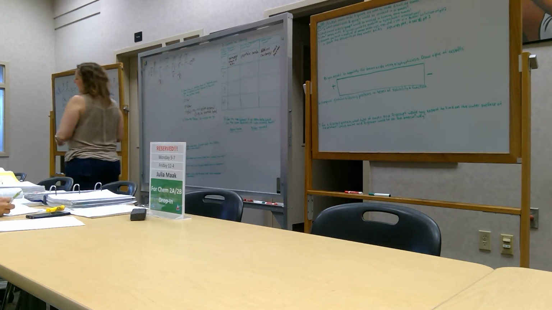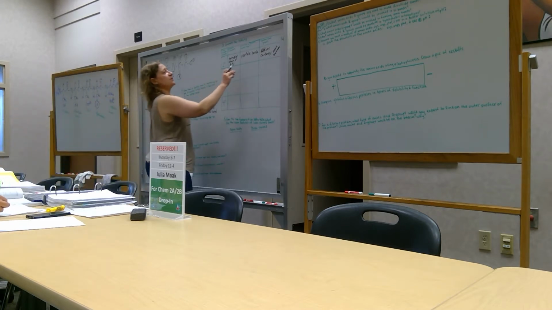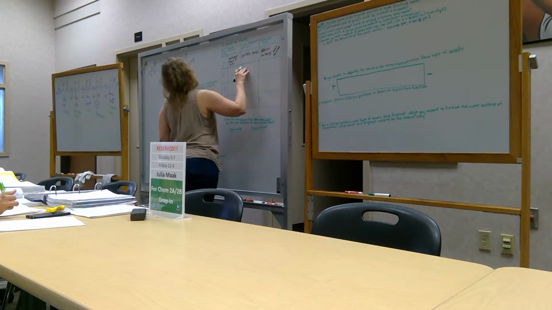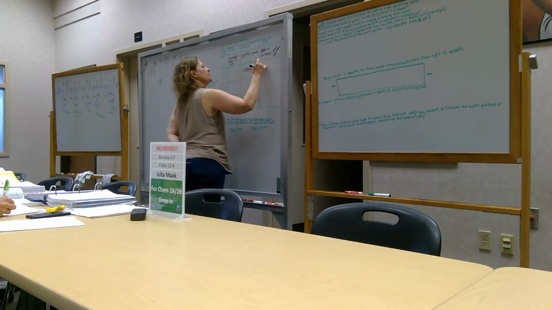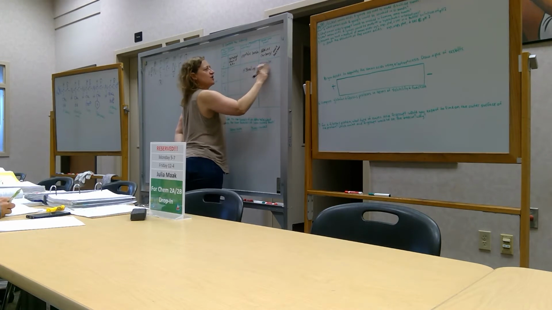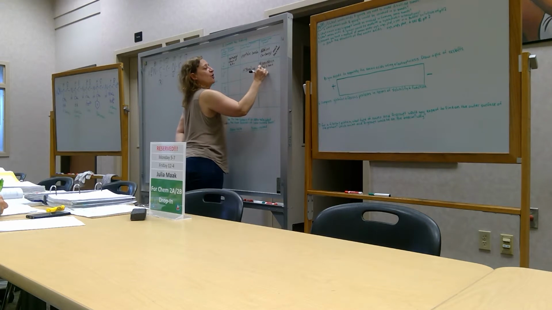All right, so your secondary structure. The type of interaction that maintains the shape in your secondary structure is hydrogen bonding. It's hydrogen bonding between the hydrogen on the nitrogen in the backbone and the carboxyl oxygen in the backbone.